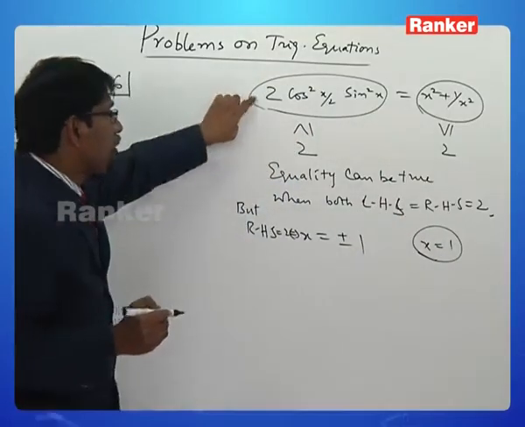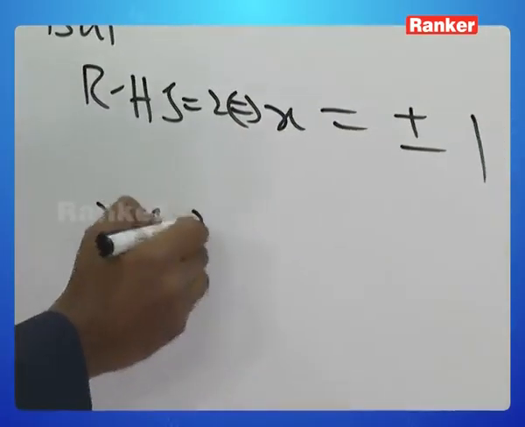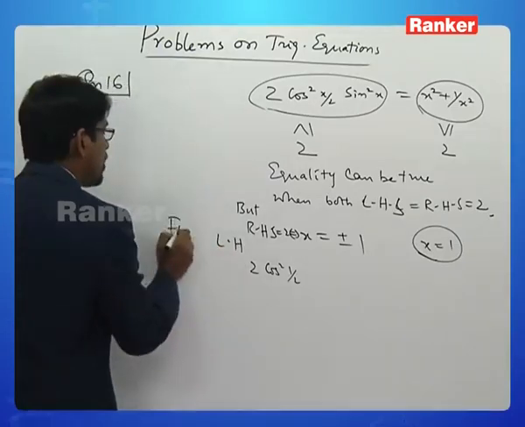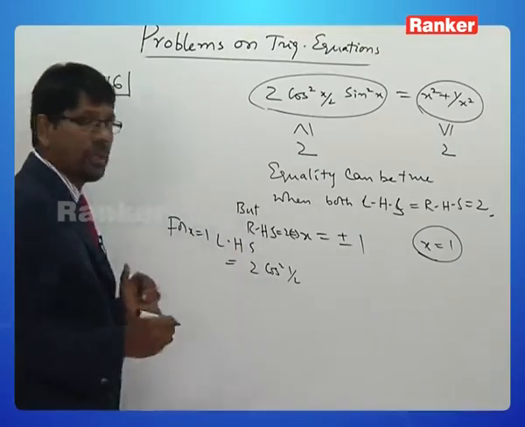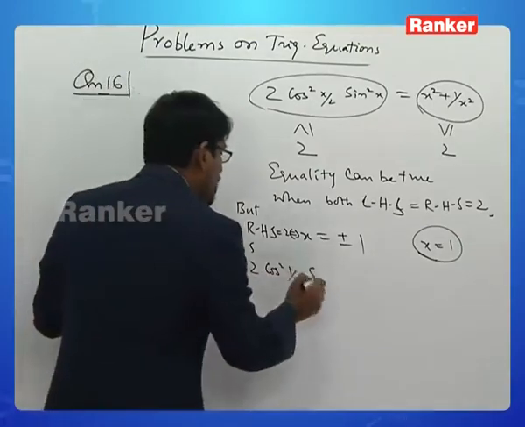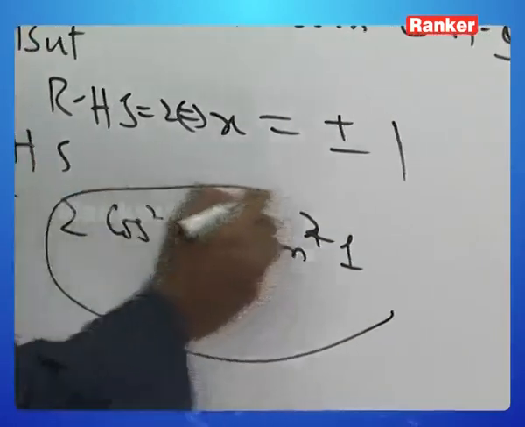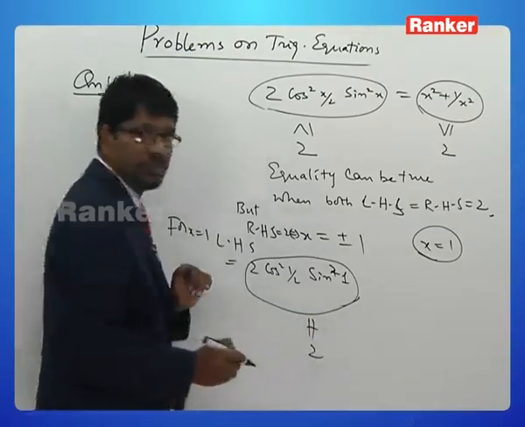But if I put x equal to 1, what do I have on LHS? LHS becomes 2 cos square 1 by 2 into sin square 1. Clearly, this cannot match with 2; it is not equal to 2, much less than 2.